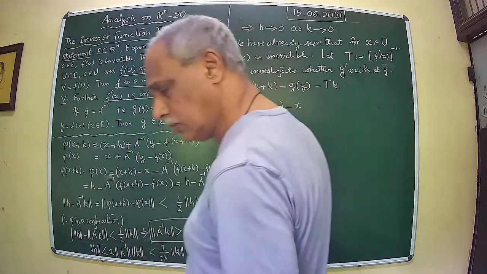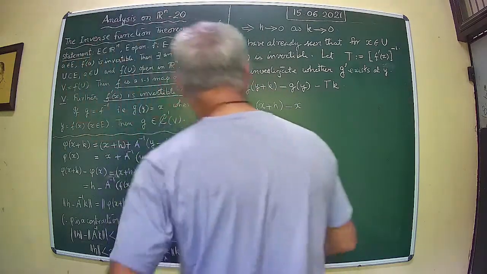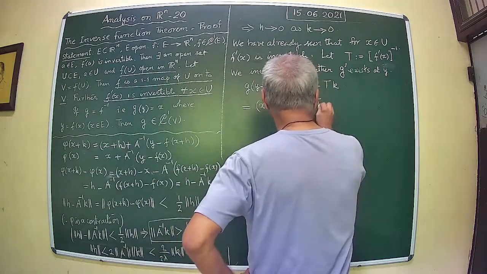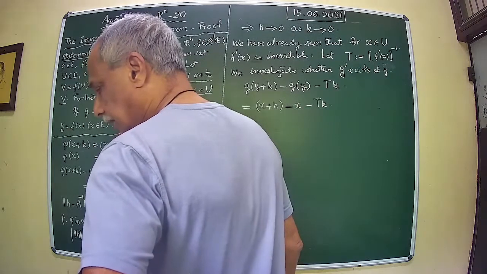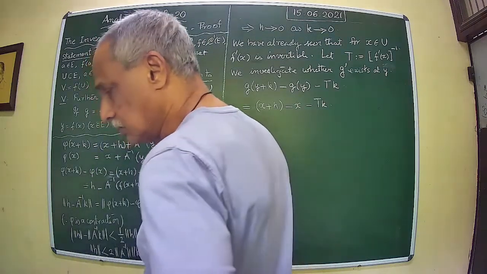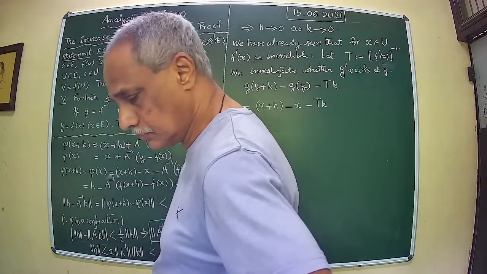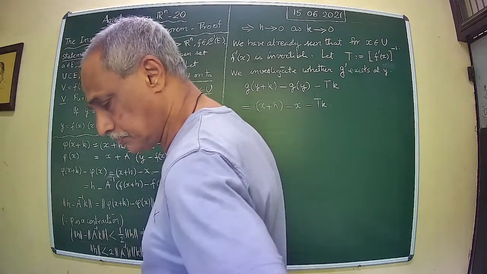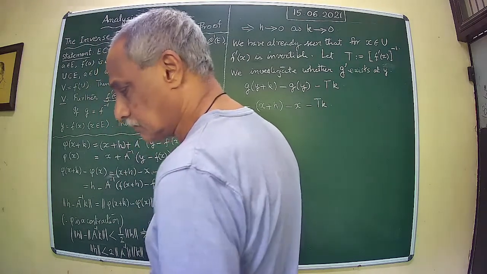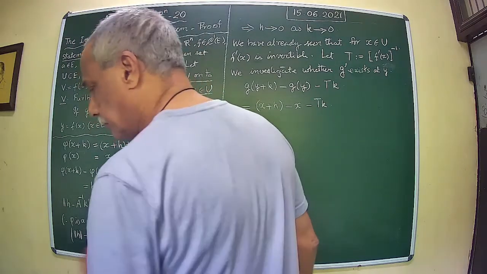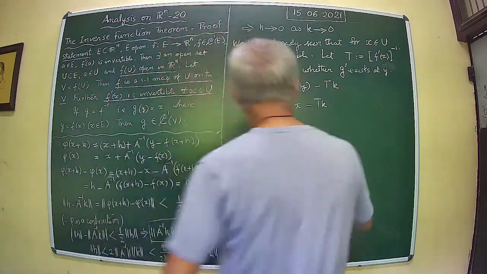So this is equal to minus tk, and then this we write as, see, we have x plus h, so we have to write h minus tk.